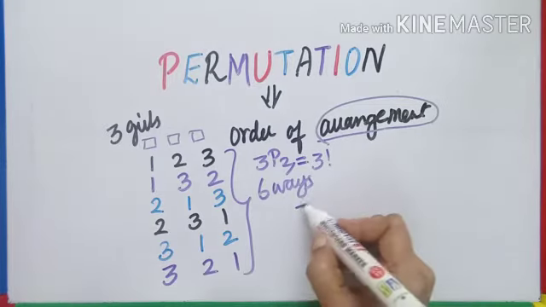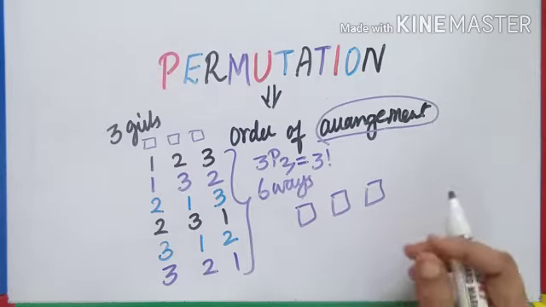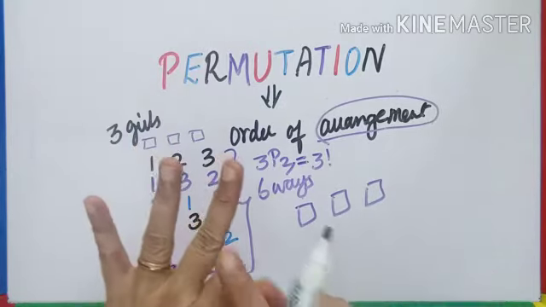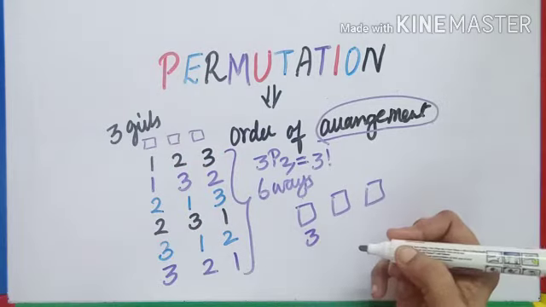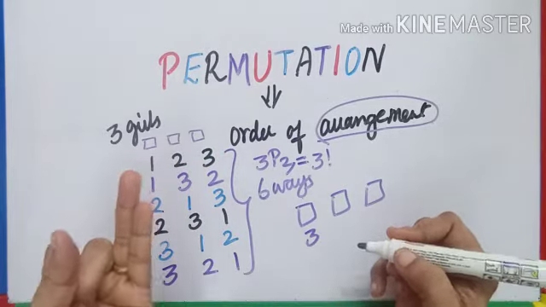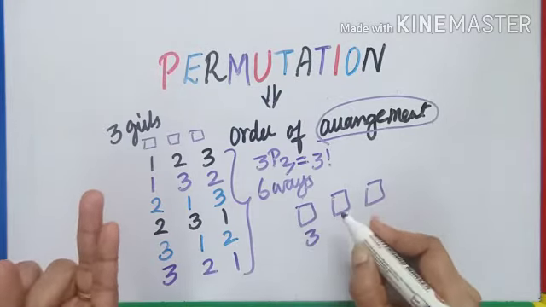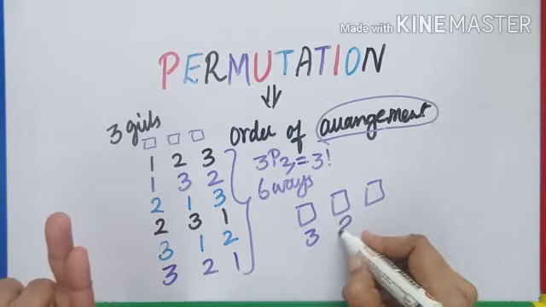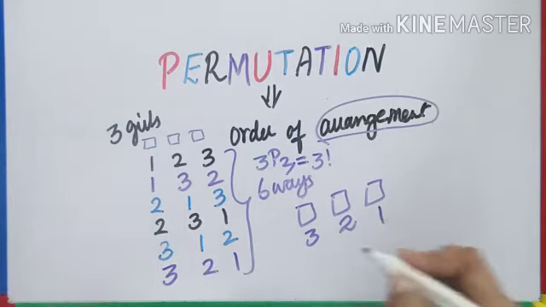See, for example, there are 3 boxes, 3 places. Out of the 3 children, one of them goes and sits, any of them. So 3 ways. How many remaining? 2. The second place, this child who is sitting in first place cannot sit here. So out of the 2, 1 will come here. Remaining 1. Out of the 1, 1 will come here.